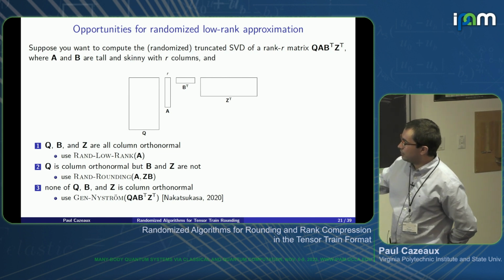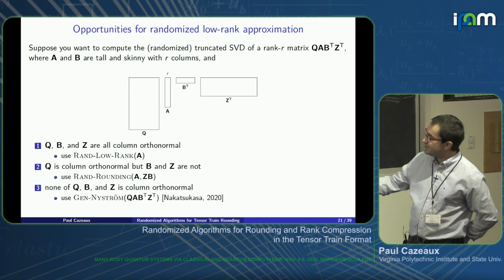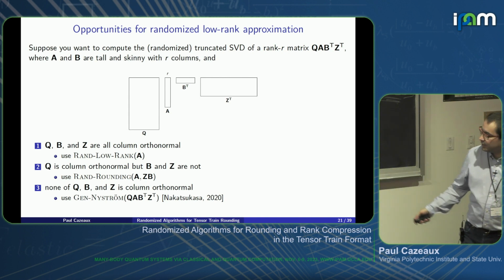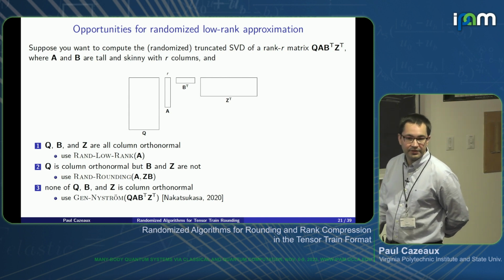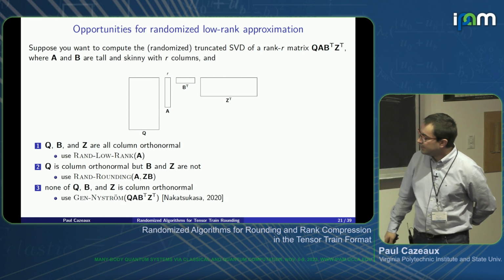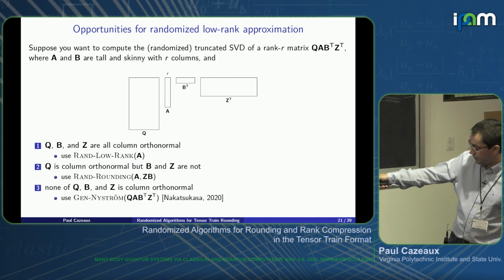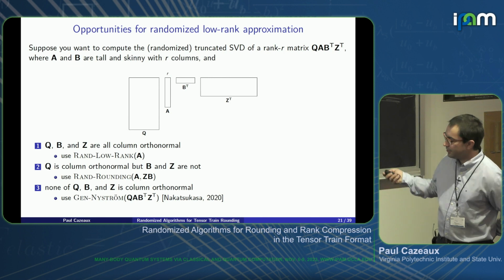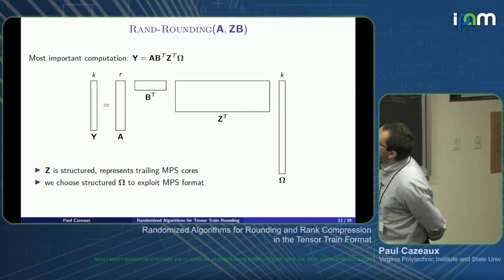If Q is orthogonal, but Z is not, then I might want to use some range finder. And finally, if nothing is orthogonal, there are still some solutions, but we will see in our experiments they didn't work so well.